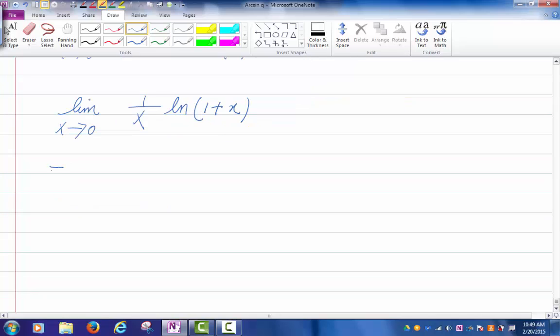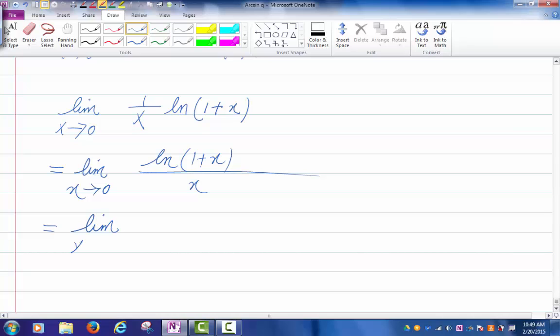So this is equal to the limit as x goes to 0. I'm going to rewrite this as ln of (1 plus x) divided by x. Okay? Now, what I'm going to do is realize something.